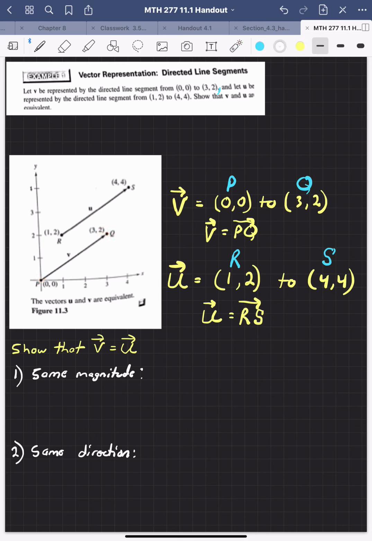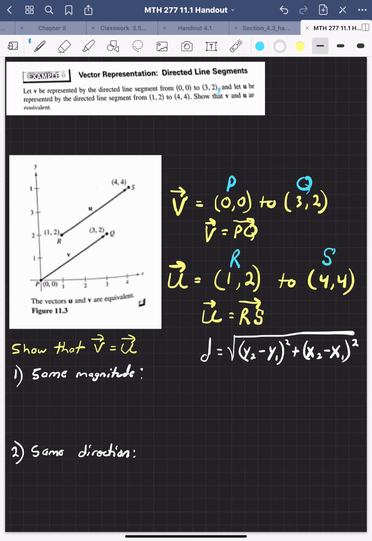That distance formula, if you recall, is just the square root of y sub 2 minus y sub 1 squared plus x sub 2 minus x sub 1 squared.